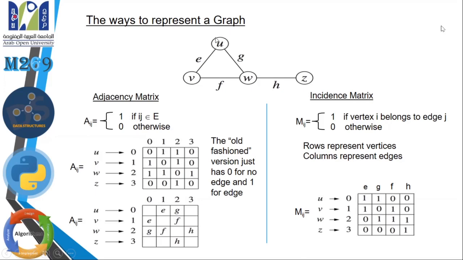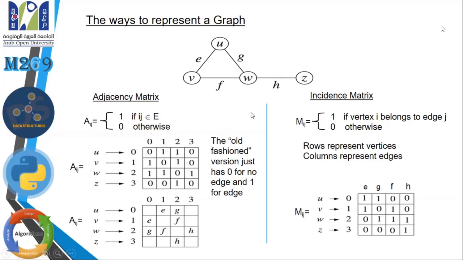No, there is no loop, so it is 0. From V, which is 1, to V, 0. From W, which is 2, to W, 0. From 3 to 3, 0. So the diagonal is zeros, since there is no loop. Just imagine if there is a loop, then there will be a number.